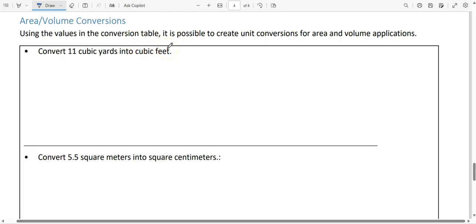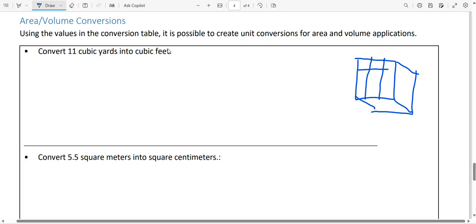So what's unusual about this situation, if we look at a cubic yard, let's make a cube first, something like that. If that's a yard, that's made up of 3 feet. So what we actually end up with here is more like a Rubik's Cube shape.